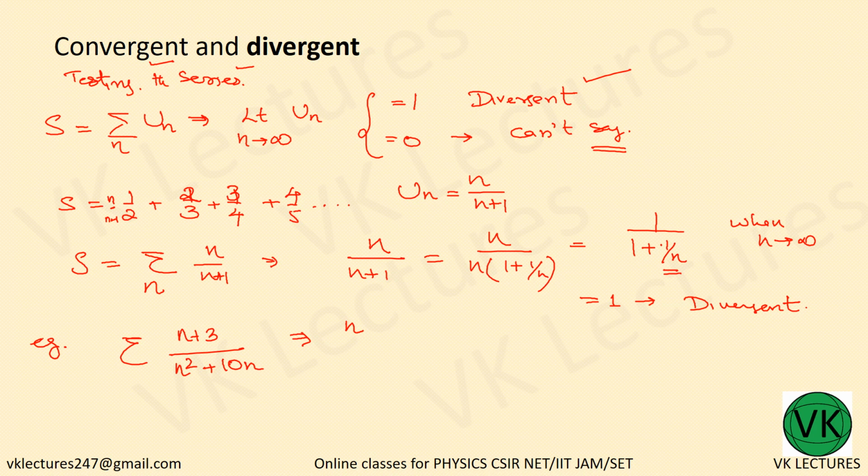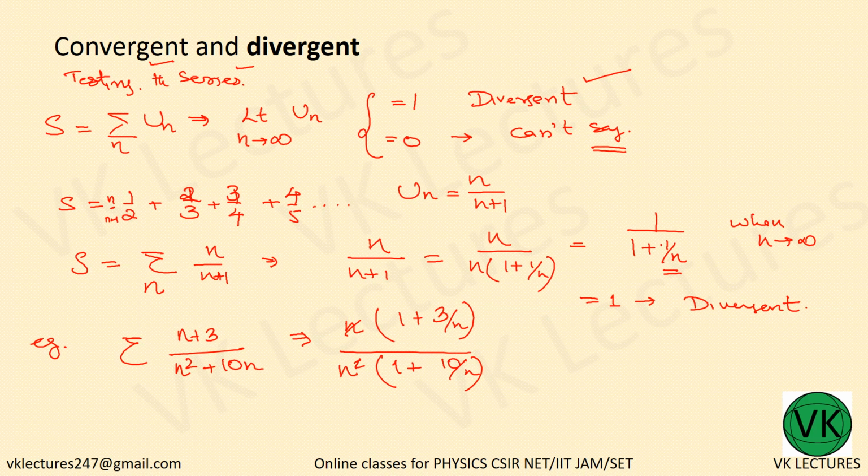So n into 1 plus 3 divided by n, divided by, again you can take this n square out. N square, when you take it out, it becomes 1 plus 10 by n. So it's 1 by n.